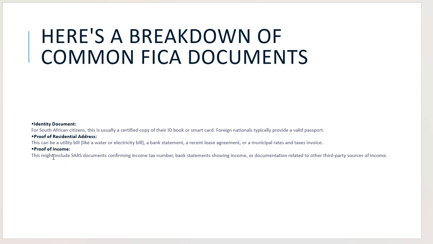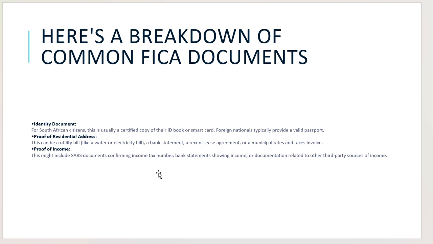Then the other one is your proof of income. In most cases, your proof of income will be required. If you're applying for a house or a car, they'll say, please provide us the SARS documents confirming your income tax number, your bank statement showing your income, as well as your documentation related to any third-party source of income.